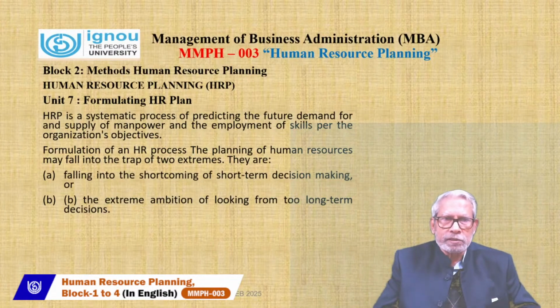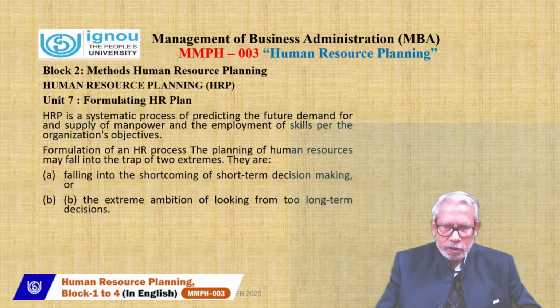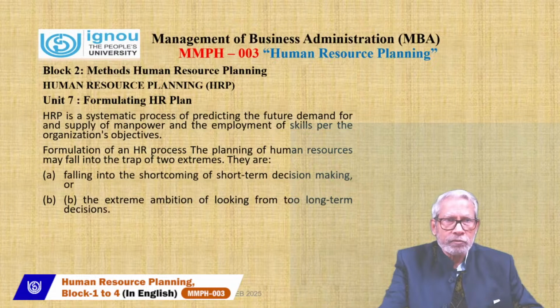There are two aspects, two areas, two ways you can think about it. Basically, when you are formulating the HR plan, you have to keep these two areas in mind.